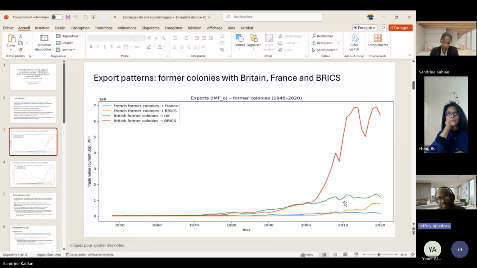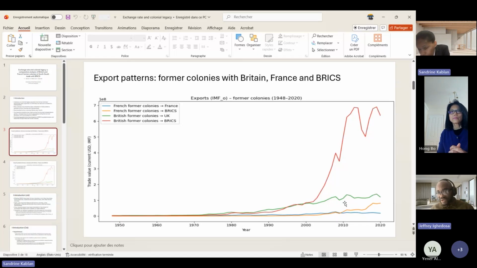Something happened during that time. And just to extend that a little bit, for the trade from former British colonies, if it's possible for you to separate the trade from South Africa in particular, not only because South Africa is one of the main trading countries, with trade reported in East Africa, but because South Africa is one of the founding members of the BRICS, whether that is driving the trade.